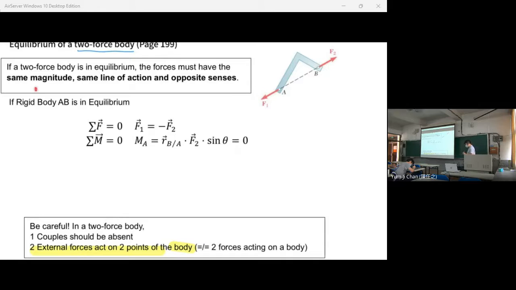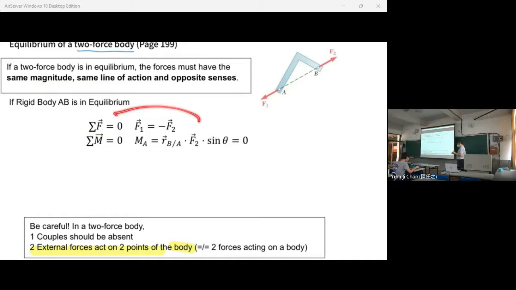If rigid body AB is in equilibrium, we have one force F1 acting on point A, and another force F2 acting on point B. So let's consider equilibrium. If summation F equals 0, which means we have F1 equals minus F2. F1 is going to the left and F2 going to the right.